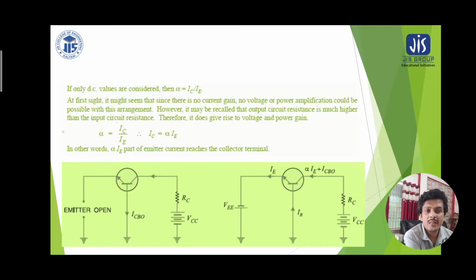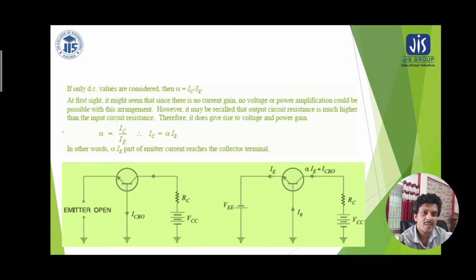However, it may be recalled that output circuit resistance is much higher than the input circuit resistance. So input circuit resistance is smaller and output circuit resistance is higher. That means it is nothing but a current amplifier. The basic requirement of a current amplifier is satisfied by this transistor arrangement. That is why the transistor is a good current amplifier.